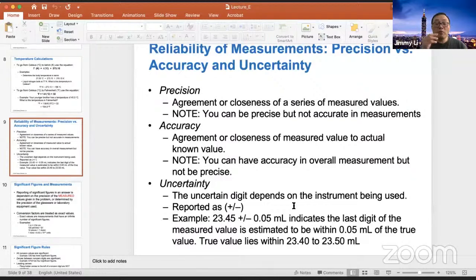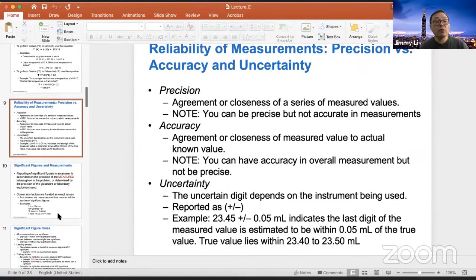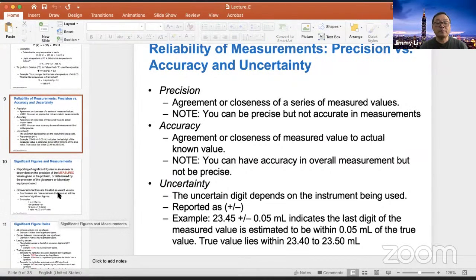If we're told about uncertainty, for example here, an uncertainty value of 0.05 milliliter, then when they take that measurement, 23.45, that uncertainty tells you your high end and low end. The high end could be 23.50, the low end could be 23.40. So it's important to know what uncertainty is.